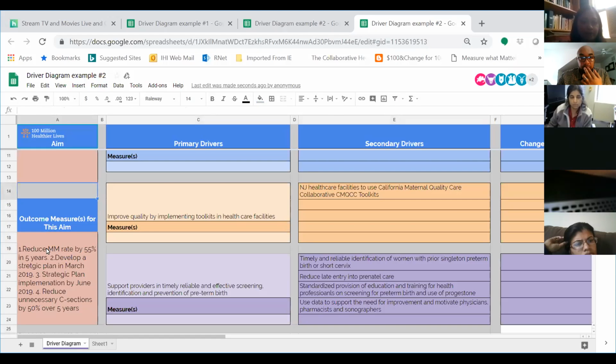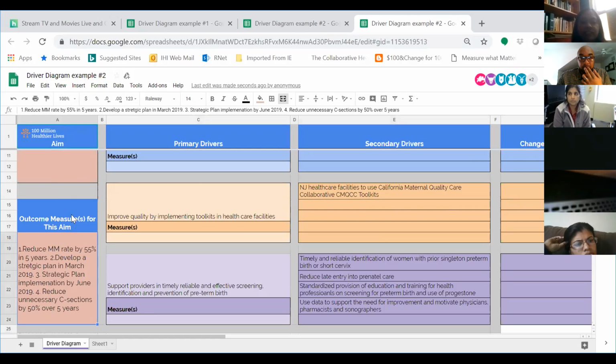Right. And then it is very broad. So when we look at opportunities to improve, we might say, okay, what does that mean? And what they include here, outcome measures for this.